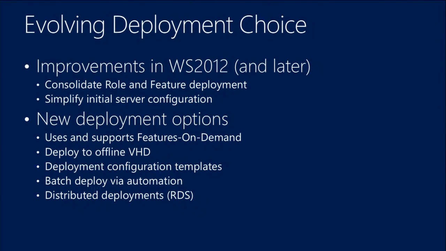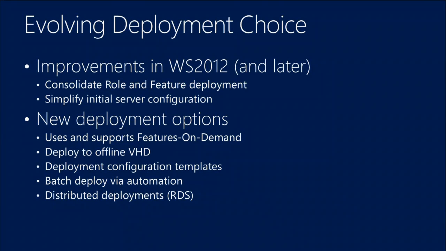You can export those settings. So if you say, I'm going to deploy a few features and I need to do the same thing on several different servers, you can export that configuration template and use it with PowerShell to automate that across different servers. Then obviously batch deploy that via automation, via PowerShell.